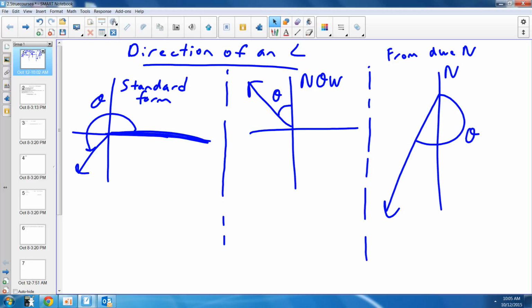If it's talking about from due north in the directions, your answer is going to be from due north. If it's talking about bearing, your answer is going to be in terms of bearing. So follow the guidance in the story problem, and that will give you an idea of how to label a particular angle.